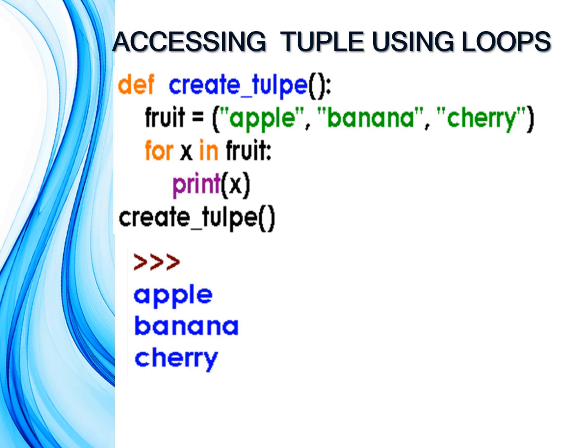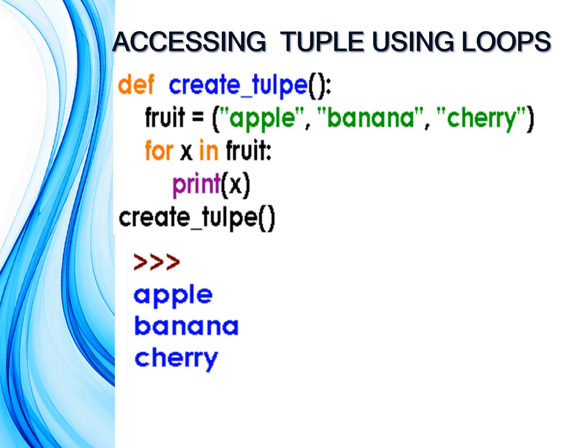And x is a variable which is going to iterate among all the elements starting from index 0, that is the first index, and it will stop at the last element present inside the tuple. And print of x is going to print all the elements in the tuple.